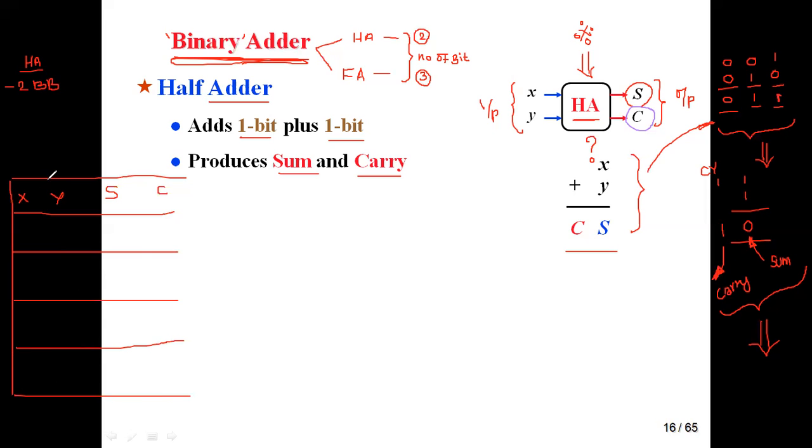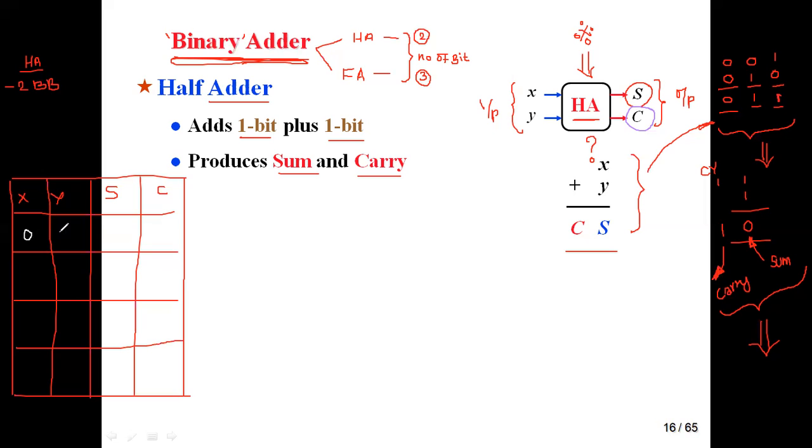I'm going to draw the truth table with the help of the number of inputs and number of outputs. The number of inputs is two, that I assumed here as x and y. So x is 0 or 1.